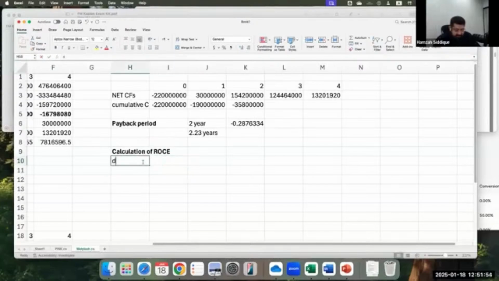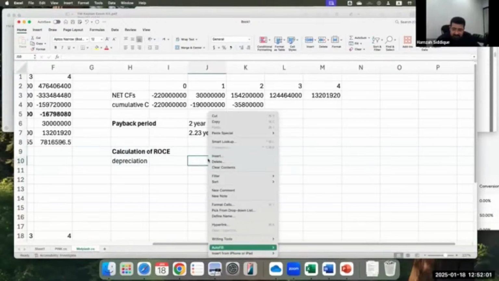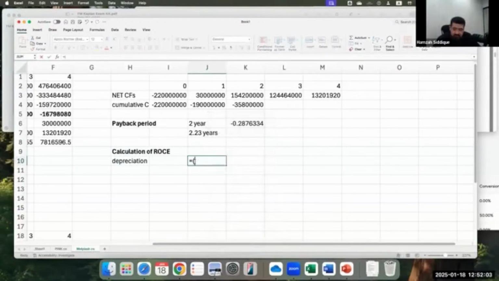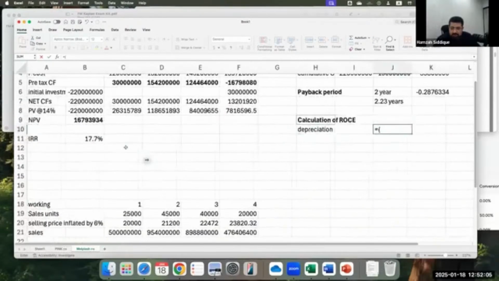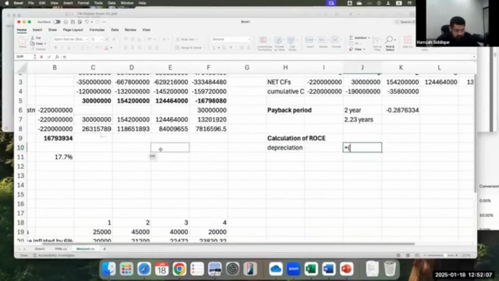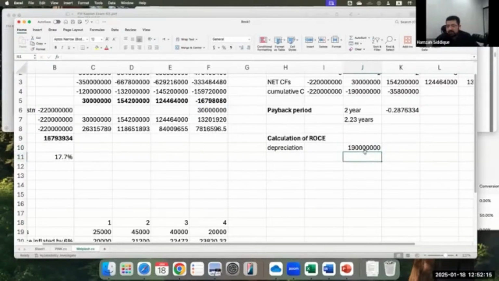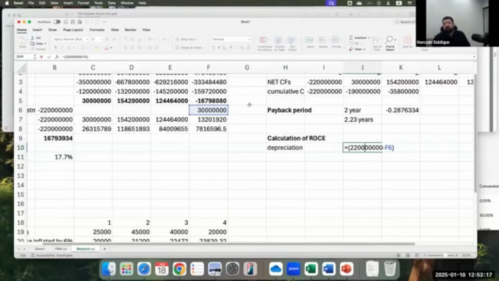We need to calculate depreciation. How we calculate? Remember? Initial cost minus scrap value. Initial cost is 220 million minus scrap value. This is the depreciation. Initial cost minus scrap value. That is the depreciation.